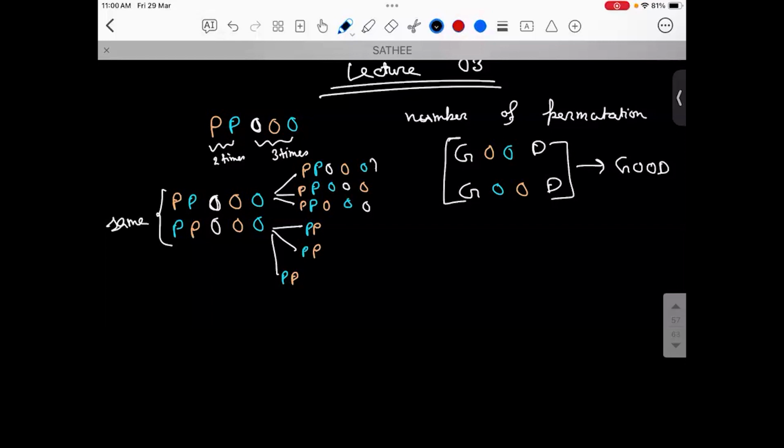Observe that all are the same. Similarly, if I go with the other case, we will find the same: O, O, O. These three are the same.